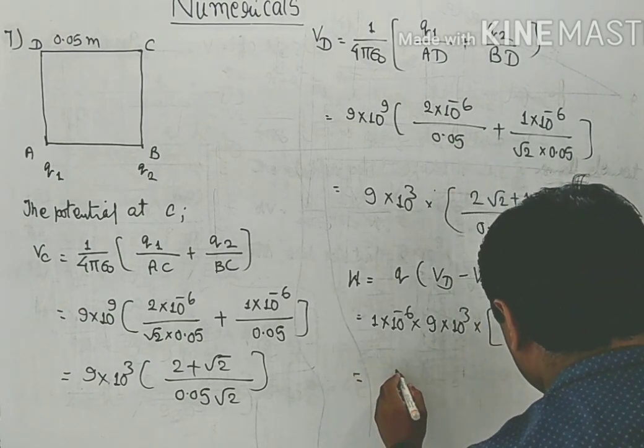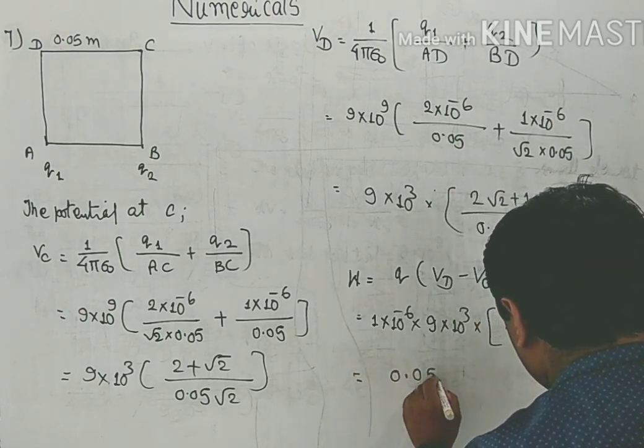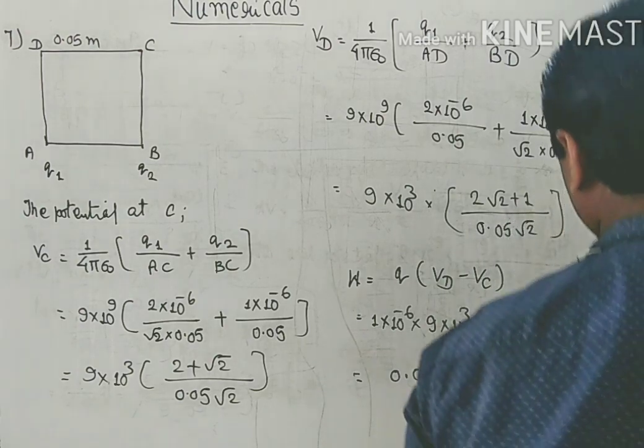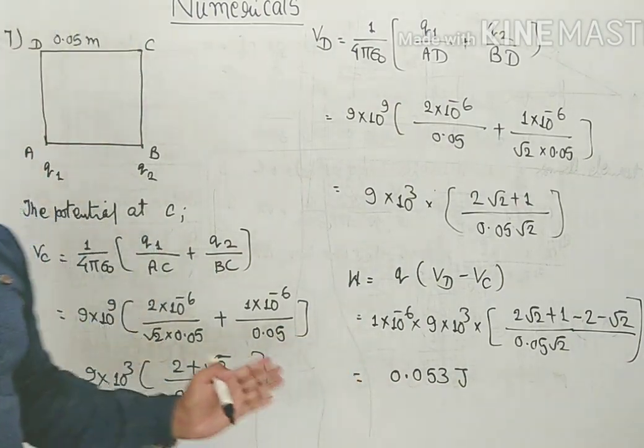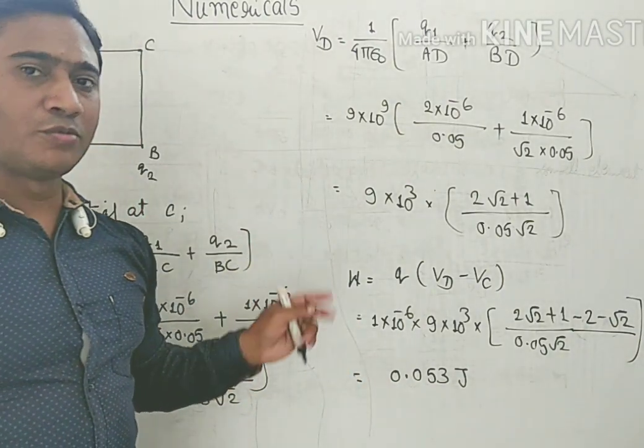So students, when you solve it, you'll get 0.053 joule. So this is the final answer that the question is demanding from us.